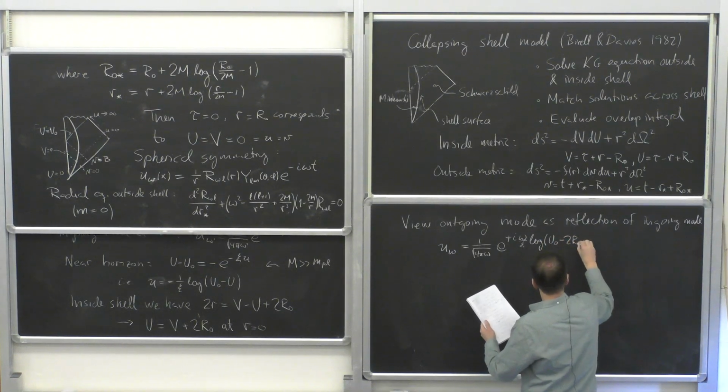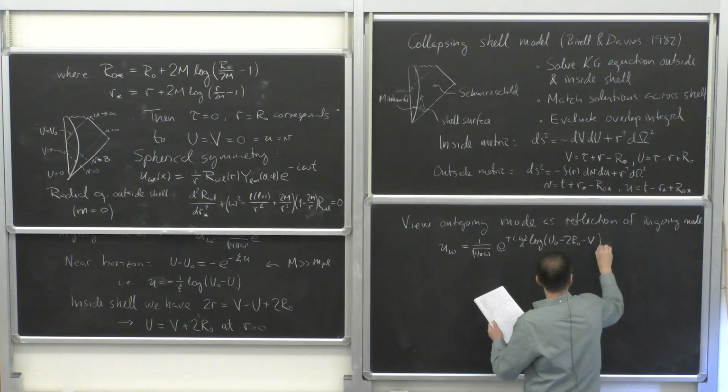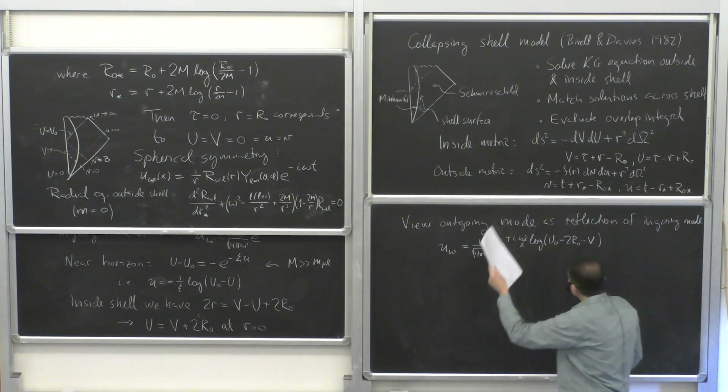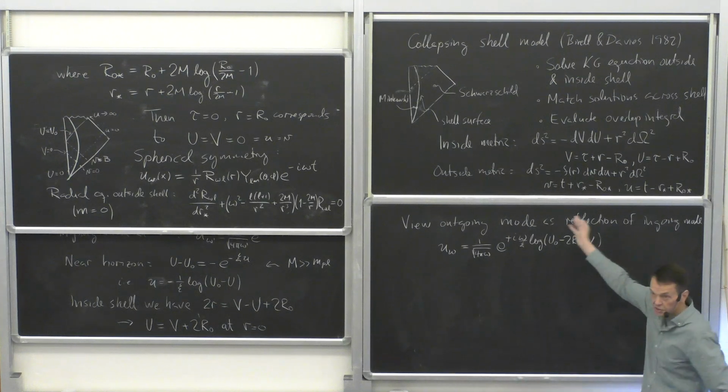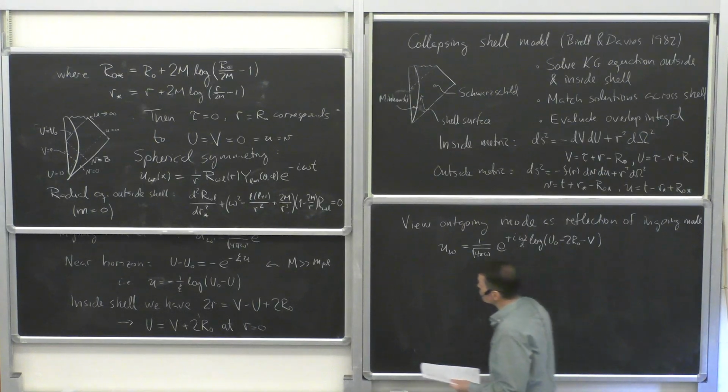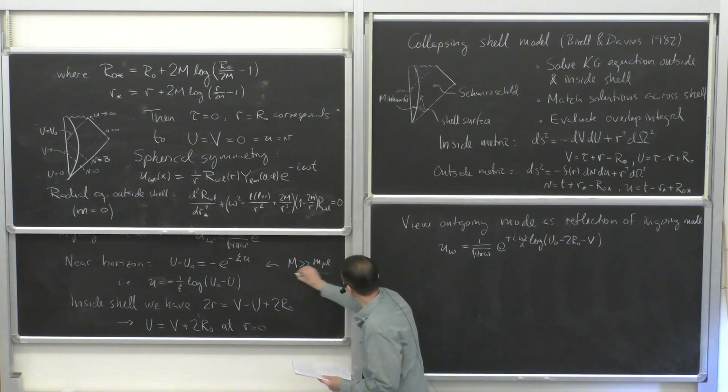These are just constants, minus capital V, right? So this is the outgoing mode written in terms of the V coordinate using these matching conditions that we've given you. So now the final step is, again, we're going to use that we have a large mass shell.